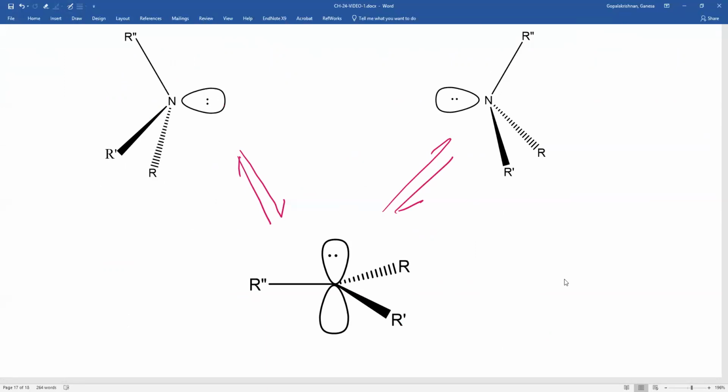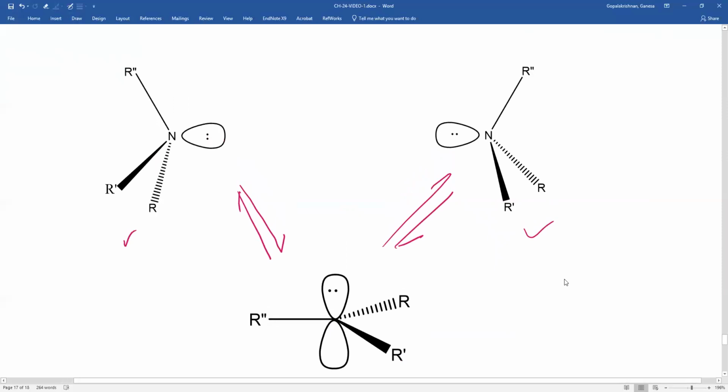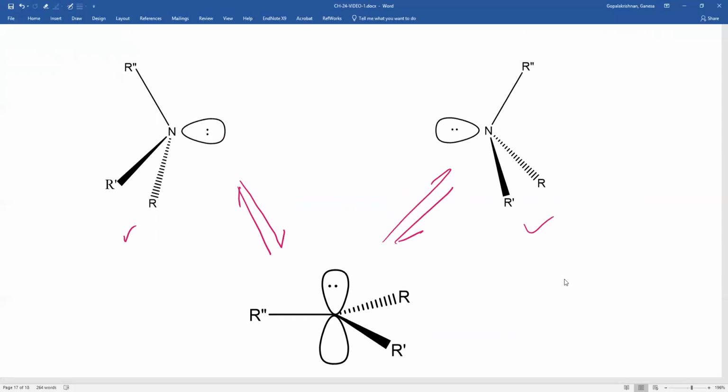So as a result, even though this and this are mirror images, non-superimposable, in this case, these are interconvertible. They convert themselves very fast one into the other, so you cannot separate them. You know they exist, but we cannot separate them as we did the other compounds in chapter 5.